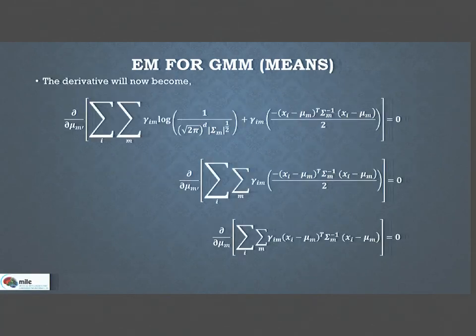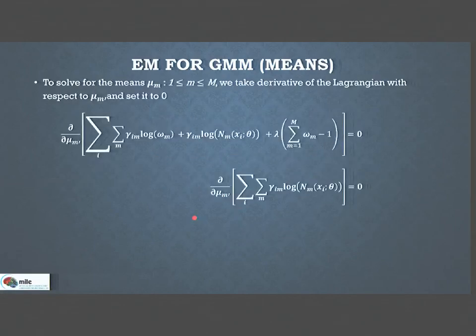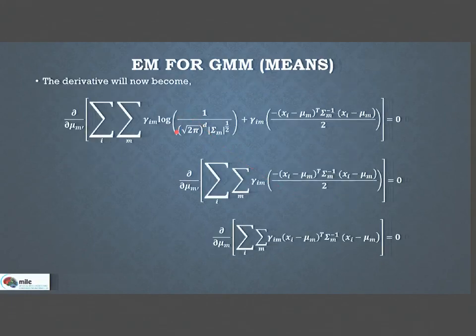Whatever log and constants we had, this one doesn't get involved in any optimization procedure, and this 2 also will not get involved. So when we take the logarithm, you remove all the unwanted constants and scales, and somehow we'll get something like this.